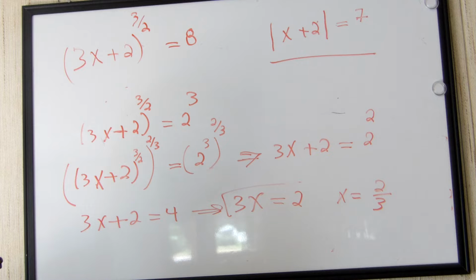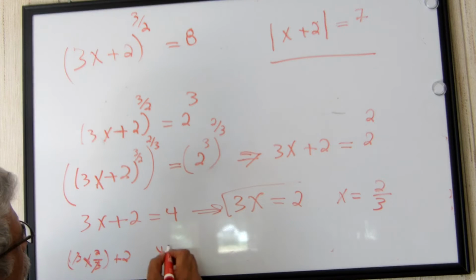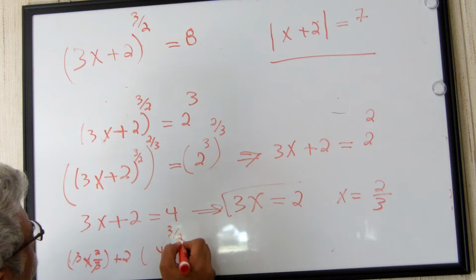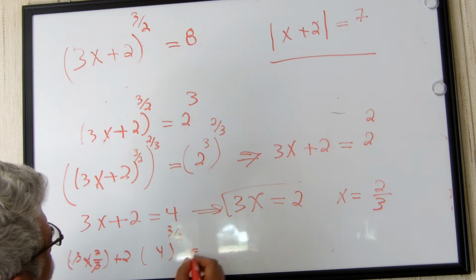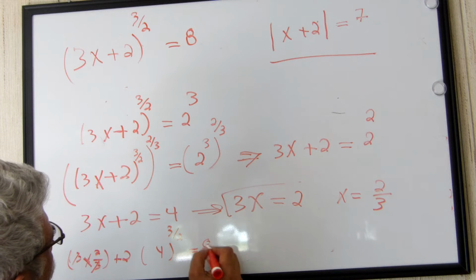Okay, if you put this one in there, 2 to the 3 times the fraction 2/3, plus 2, this is going to cancel, it's going to be 2 plus 2 is 4, to the power of 3/2, it's going to be 8.